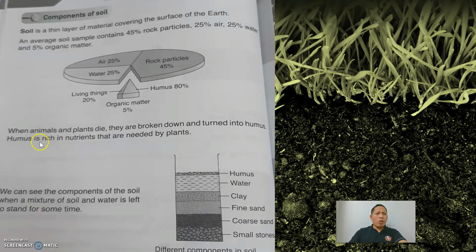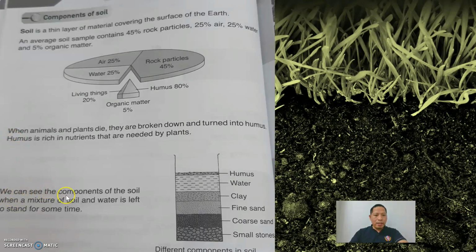What is humus, by the way? Humus is dead animals and plants. If there is a dead dog, cat, anything, it becomes humus. I don't know what that name is in your language, but in English that is humus.